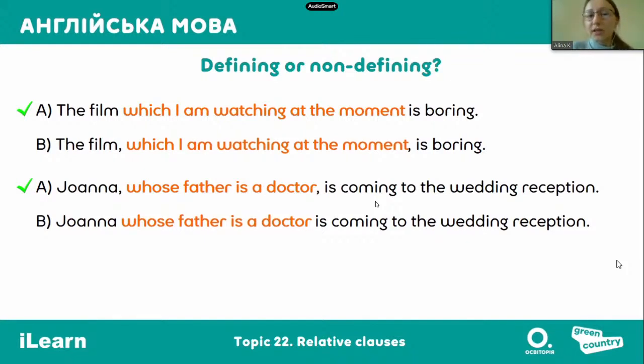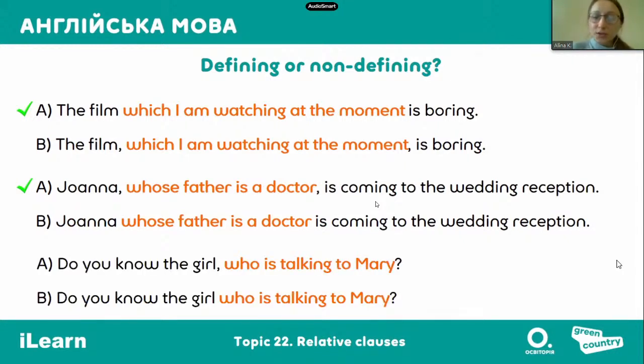Okay, a question. Can we substitute whose with that, or can we omit it or not? Can we omit whose in this example? No, surely we cannot, yes, and we cannot substitute it with that. І так само в цьому випадку ми не можемо.